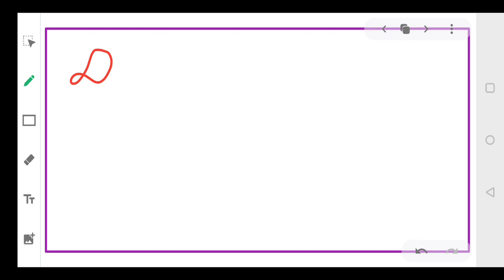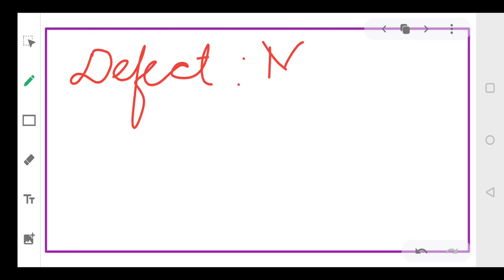Yes, you write it clearly. The defect is myopia. Why is it myopia?